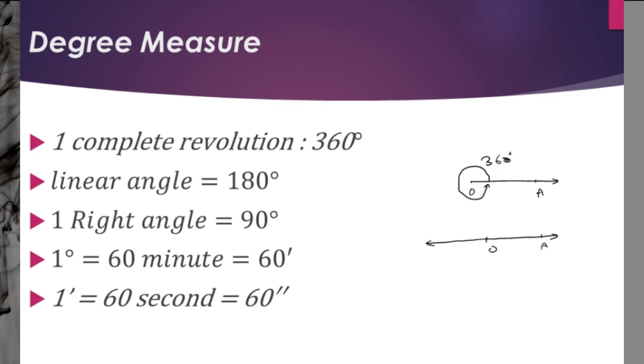When this OA becomes OA dash, just opposite, it is known as the linear angle. When they form a straight line, it becomes a linear angle.